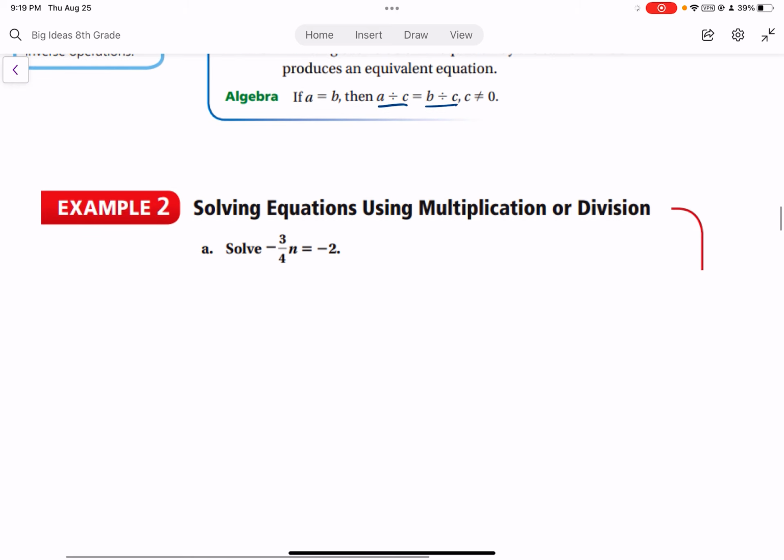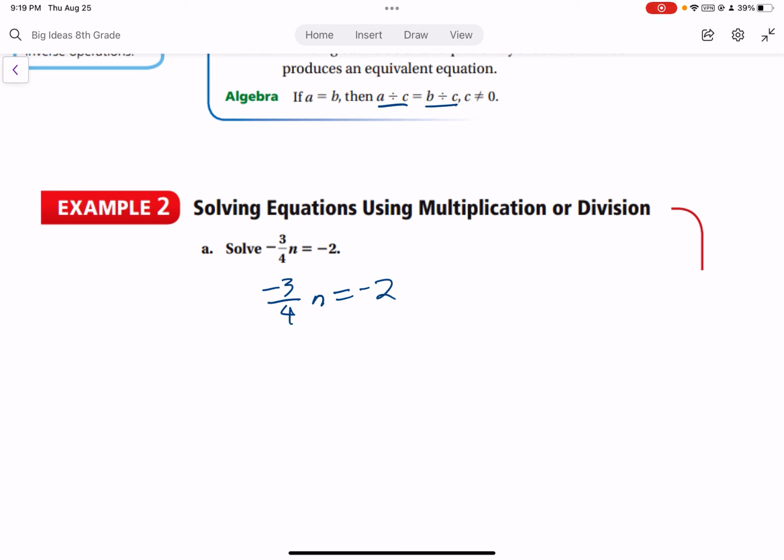So in this case, we're going to start out tough right away. So I always look at fractions as both multiplication and division, because we could rewrite this. All right, we're going to write this down as negative 3 over 4 times n equals negative 2. Well, now I'm dividing by 4 here.